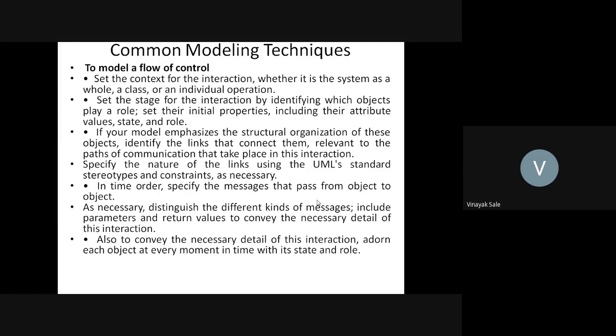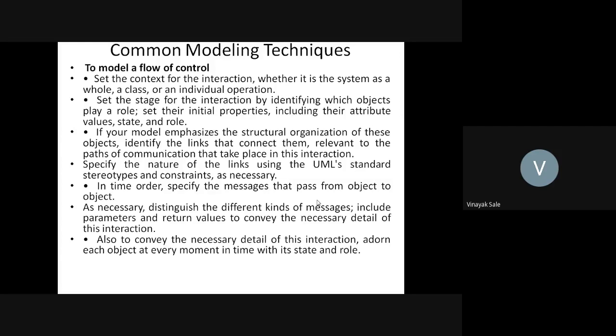So, set the context of the interaction, whether it is the system as a whole, a class, or an individual operation. Set the stage for the interaction by identifying which objects play a role.